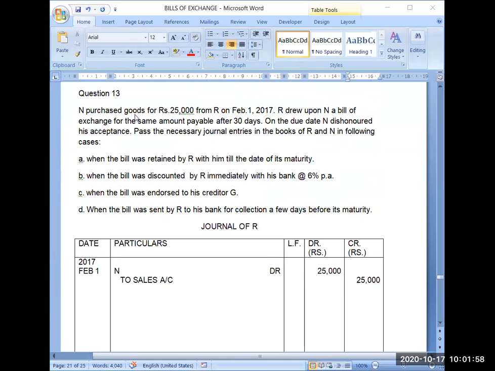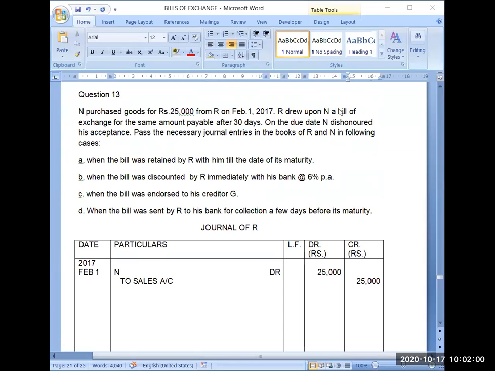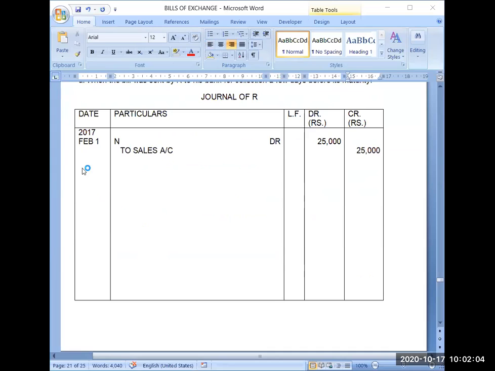Now see the further transaction. It is saying R drew upon N a bill of exchange for the same amount. Now the bill has been accepted. So here we will again record the next entry.